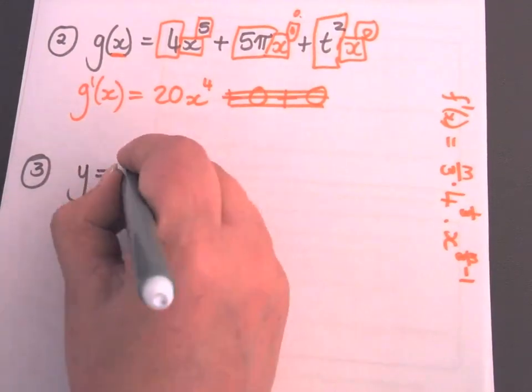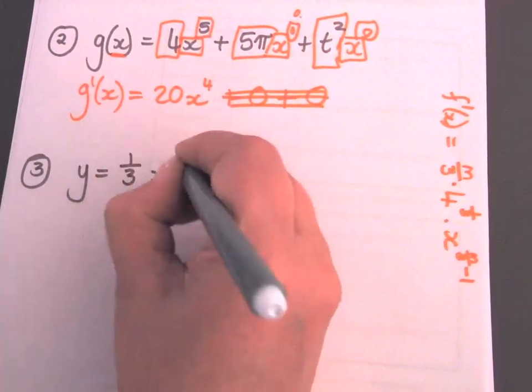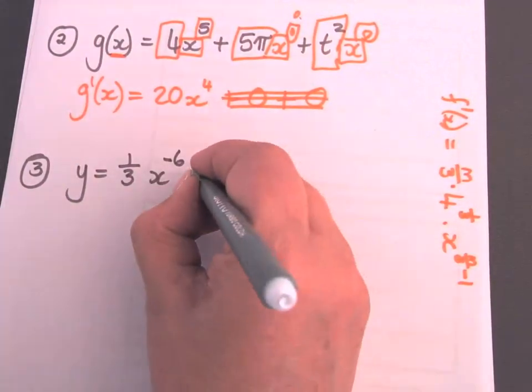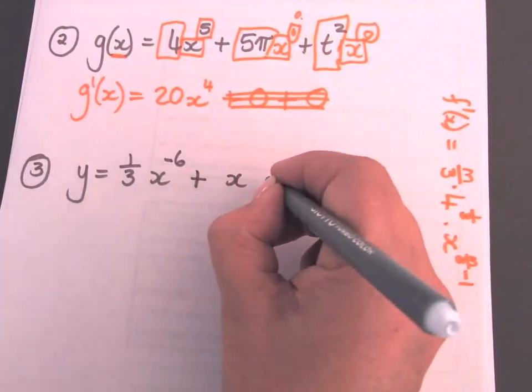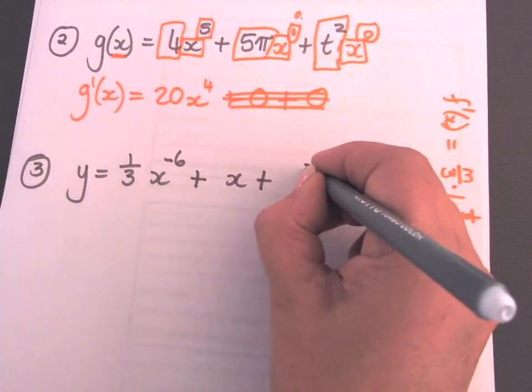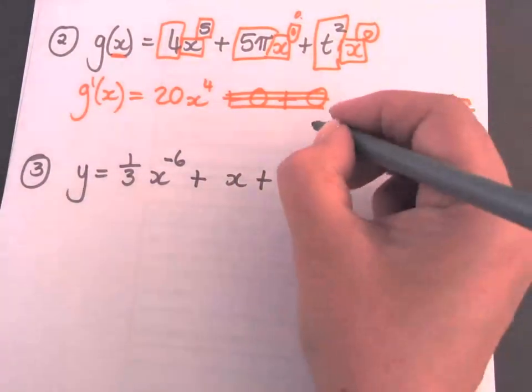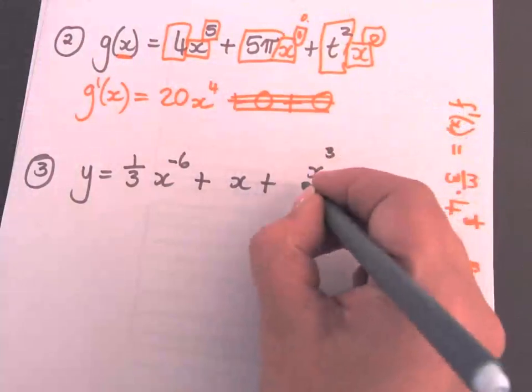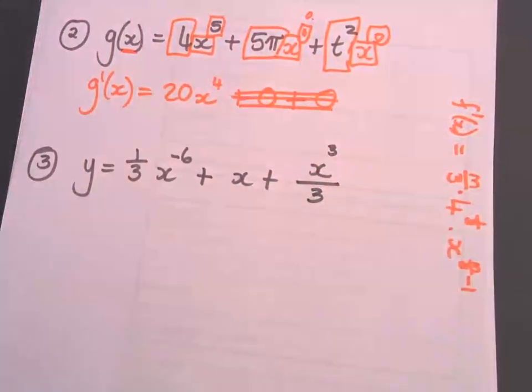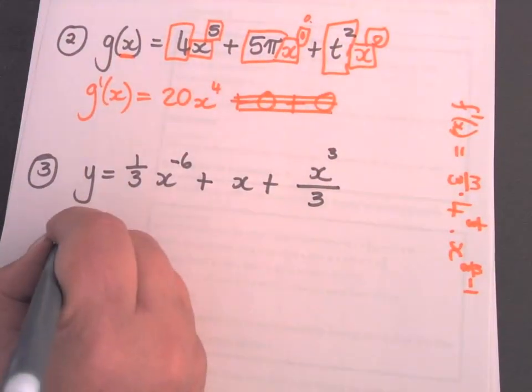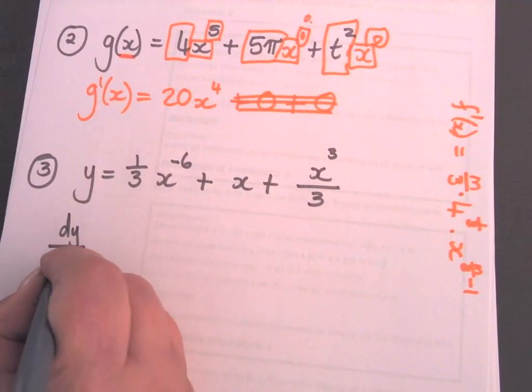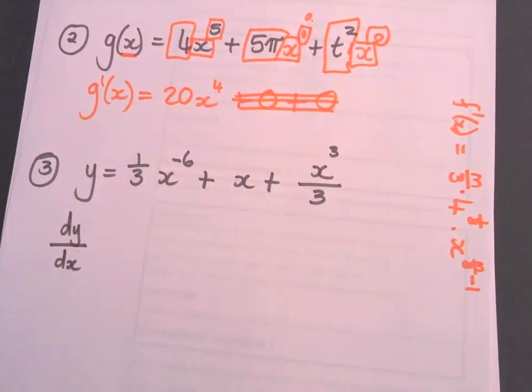y equals a third x to the power of negative 6 plus x plus x to the power of 3 over 3. I want to take y and differentiate x.